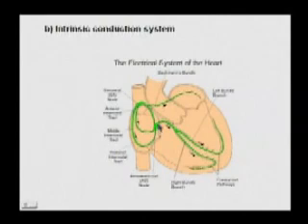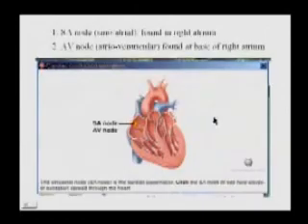And then there's a single bundle that runs through the crux of the heart into the upper part of the intraventricular septum. Remember the membranous intraventricular septum was here, so it passes through there. That's the bundle of His that we know it by. And then it splits into the right bundle and the left bundle that deliver the signal in that direction.